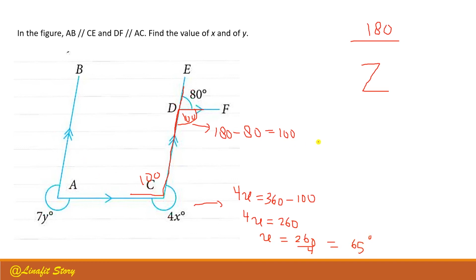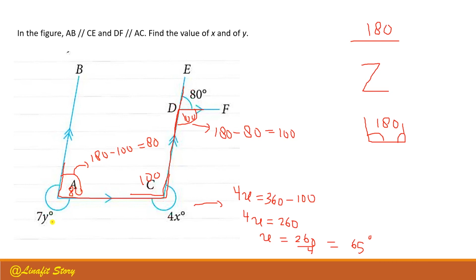And then there is the C shape. Remember, the sum of angles in the C shape is equal to 180 degrees. Here is the C shape. So A is equal to 180 minus 100, which is 80 degrees.